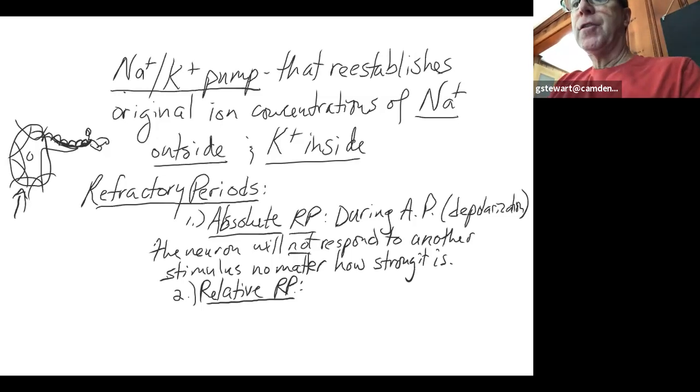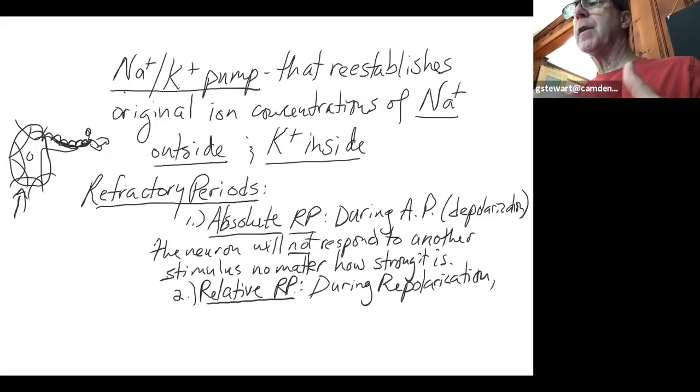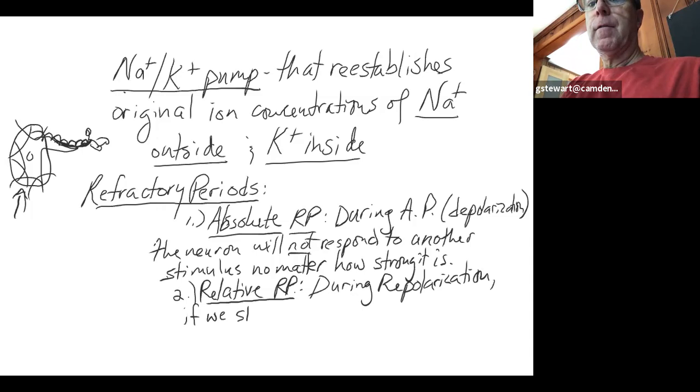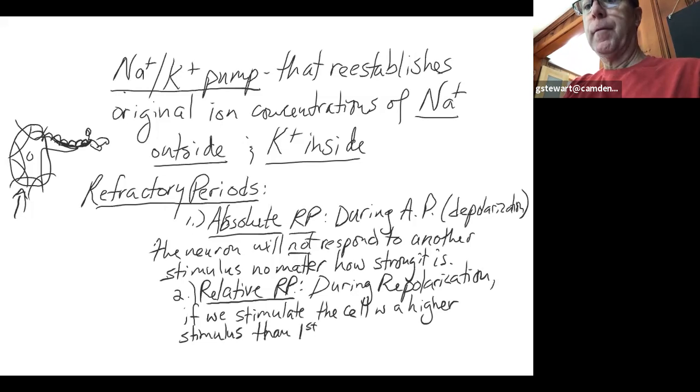And this is defined as during repolarization, the neuron's threshold for the stimulus is higher, but it responds. So if we stimulate the neuron during repolarization with a higher stimulus than the first one, it will respond.